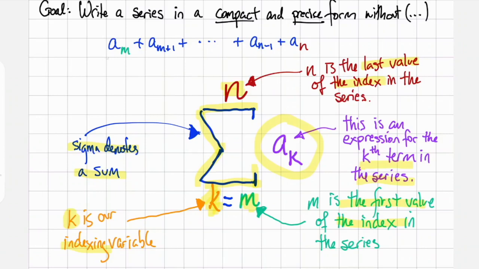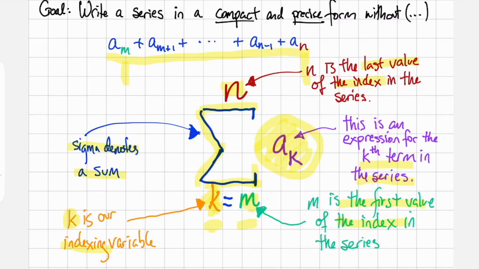So when we see a sub m plus a sub m plus 1 plus ... plus a sub n, we're seeing that every single term in that series looks like a sub something, where that something starts off at m and ends with n.